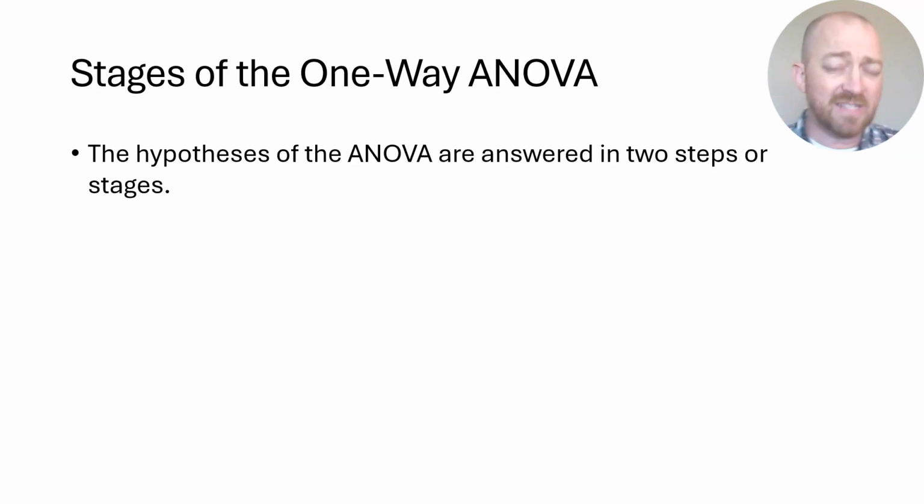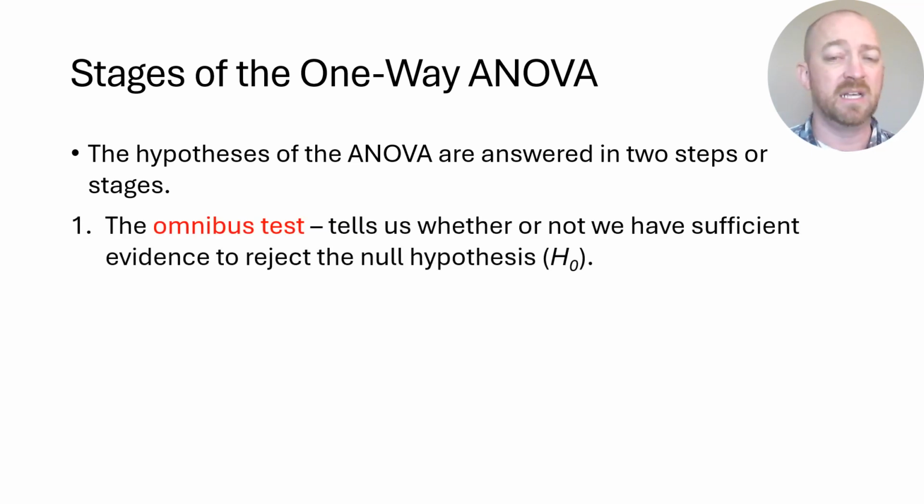Okay, that's important because the ANOVA comes in 2 stages, and any ANOVA will do this, not simply the one-way ANOVA. The first is called the omnibus test. It's where you decide, do I support the null hypothesis or not? What happens is we essentially compare all the means together simultaneously in one big statistical equation.